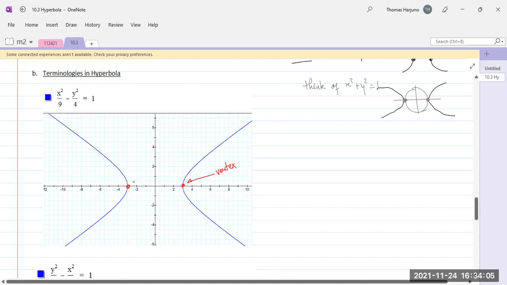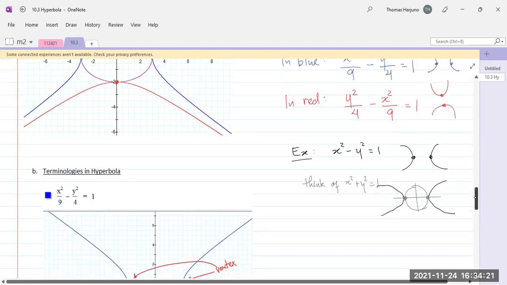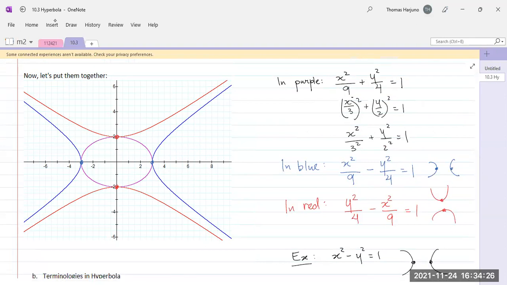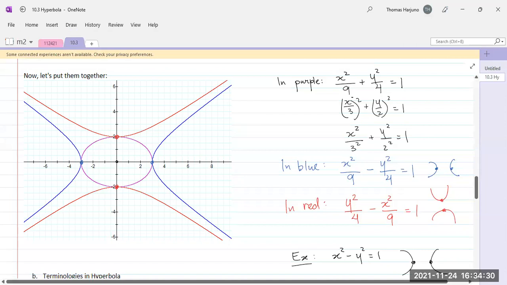That's also a vertex. Now I will call this the center. That's actually a common term. We call that the center of the ellipse, and as you can see, the center of the ellipse and the center of the hyperbola must be the same.